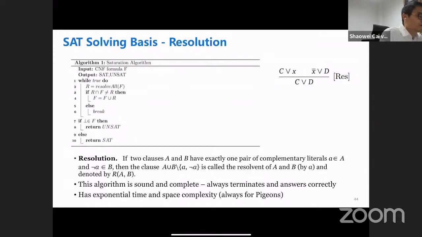In the very beginning, as SAT is a logical problem, we can use logical reasoning to solve it. And the typical one is resolution.